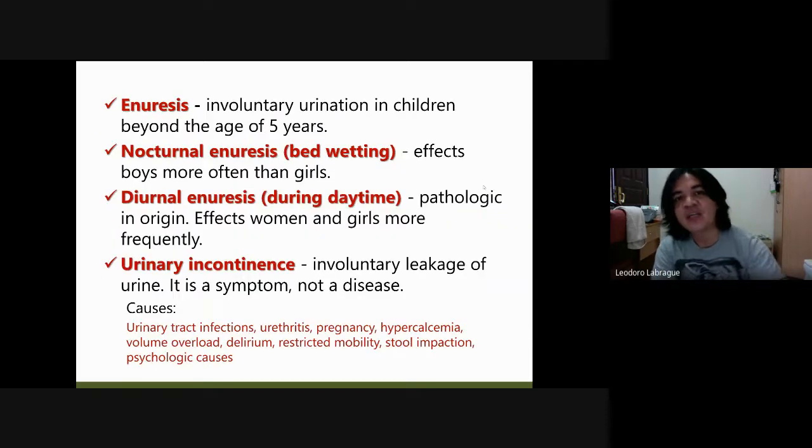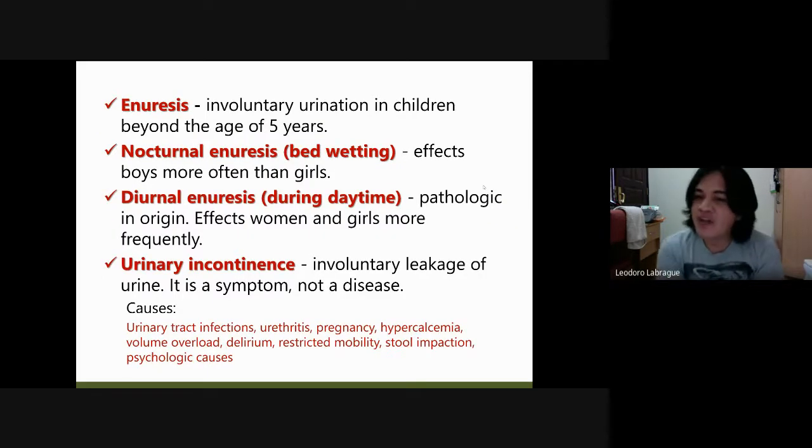Okay. Now, these terms are very interesting. Why? Because I know some of you, when you were small, experienced this. I know, even me. I think one instance, I experienced one of these conditions.